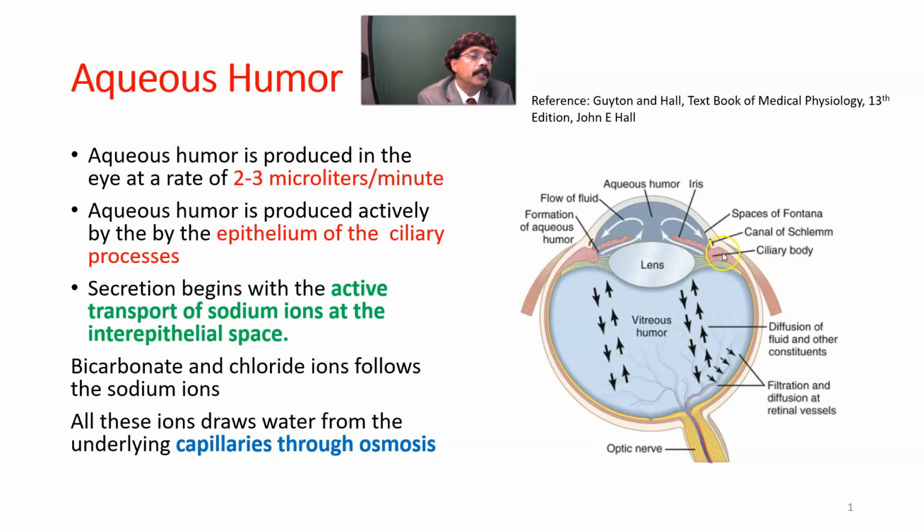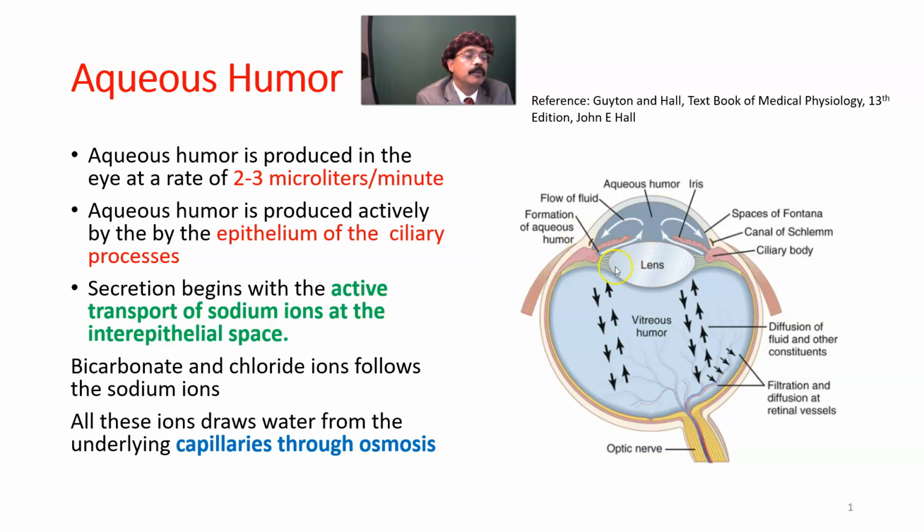We have capillary here in the ciliary body. So by osmosis, the fluid will come out from the capillaries, go to the ciliary process and be actively secreted by the epithelial cells.